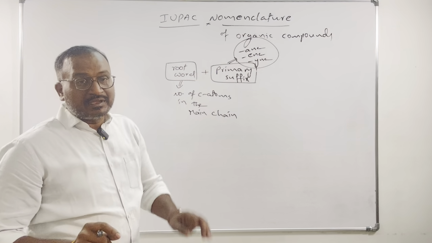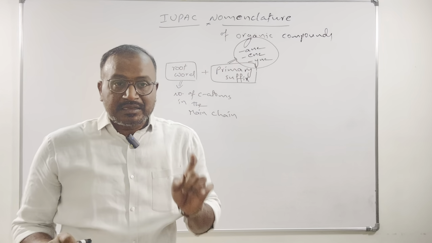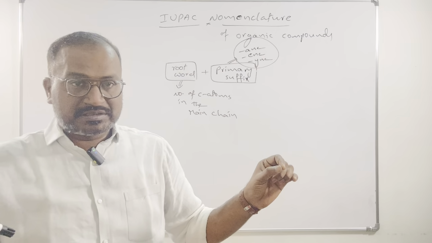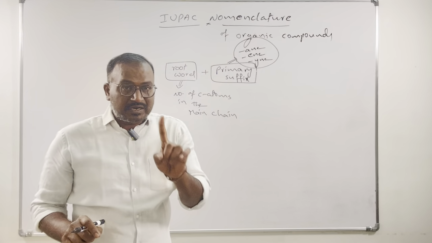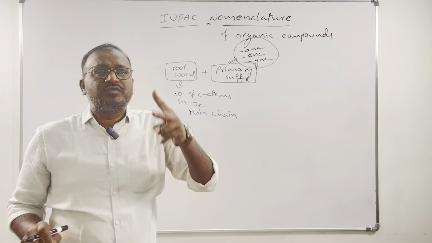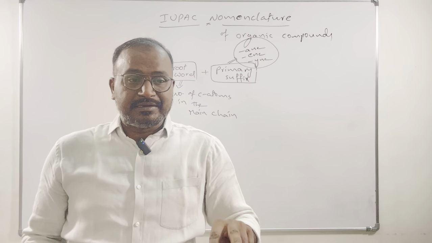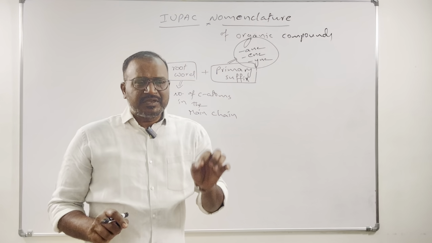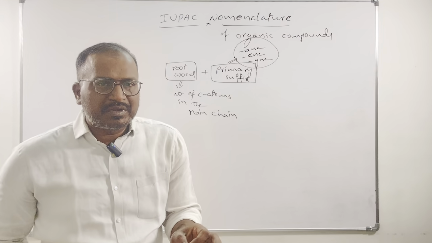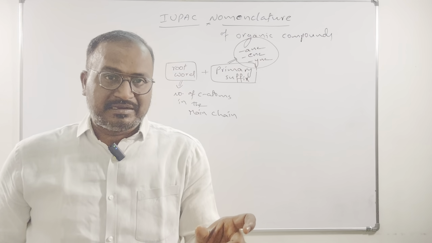Ane should be there if there are only single bonds between carbon atoms. Ene should be there if one double bond is present. If two double bonds are there, diene. Three double bonds, triene. Simply, if a double bond is there, the primary suffix should be ene.